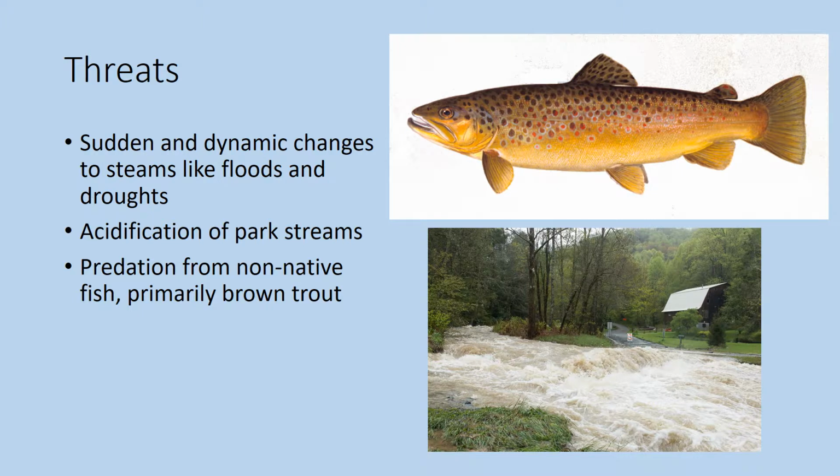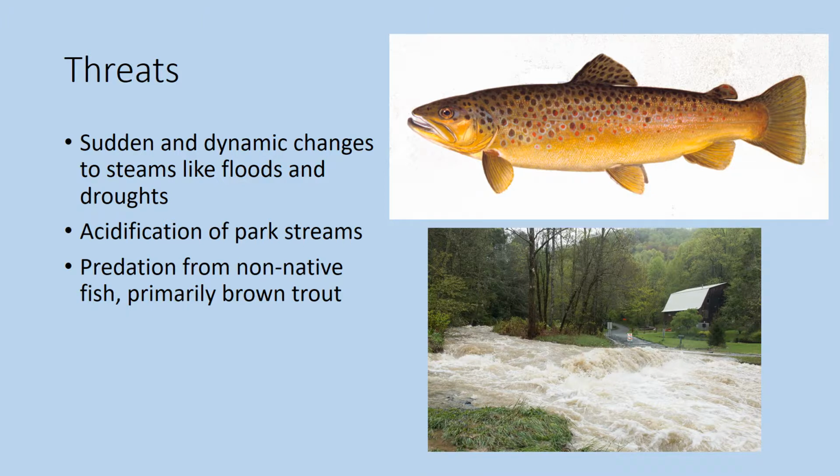Threats that threaten this species include dynamic changes in streams like floods or droughts, the acidification of park streams from tourism and pollution, predation from non-native species, primarily brown trout.